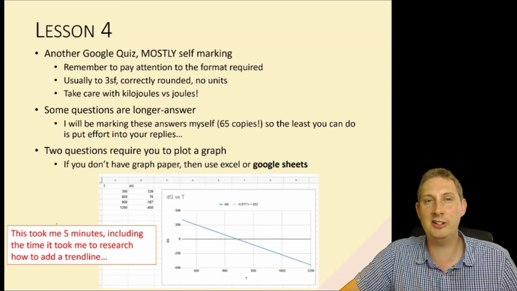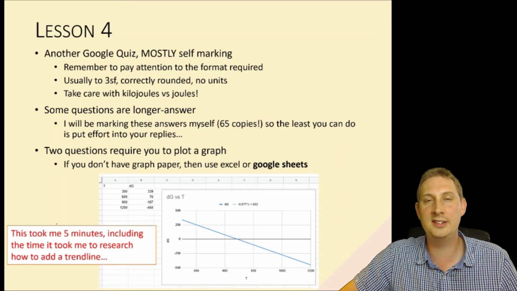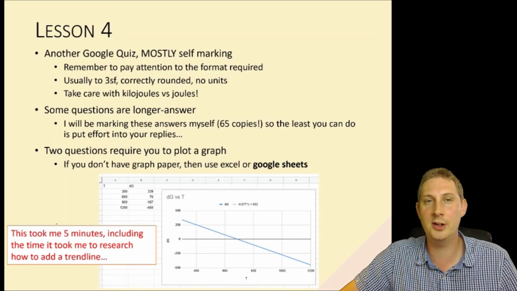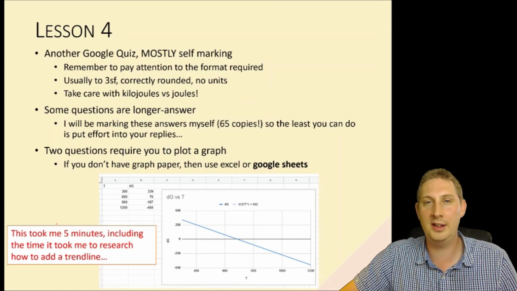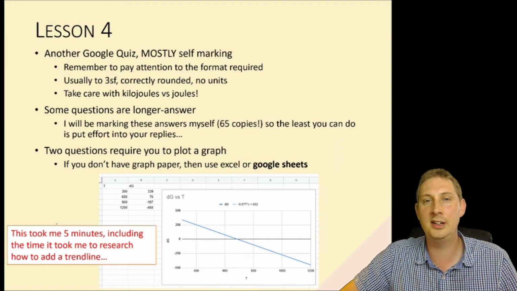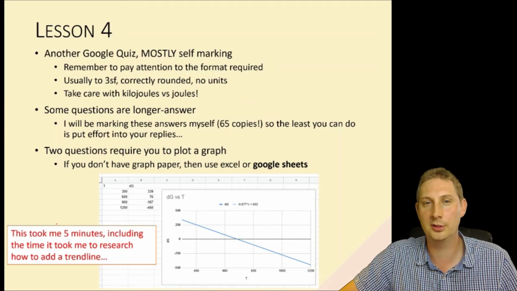Right, so for the majority of you, this is where you'll want to switch off. What you need to do for lesson 4, there is another quiz on Google Classroom. It is mostly self-marking, and for those questions, the numerical questions, remember to pay attention to the required format, usually to 3 significant figures, although not always, correctly rounded, no units, take care with your kilojoules versus joules.